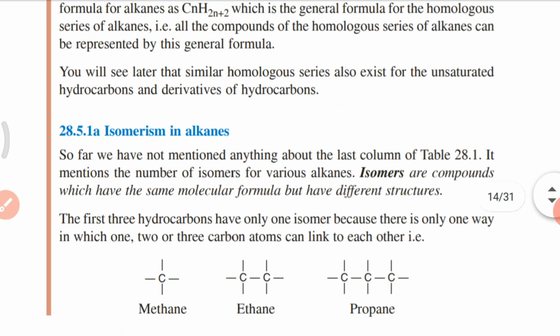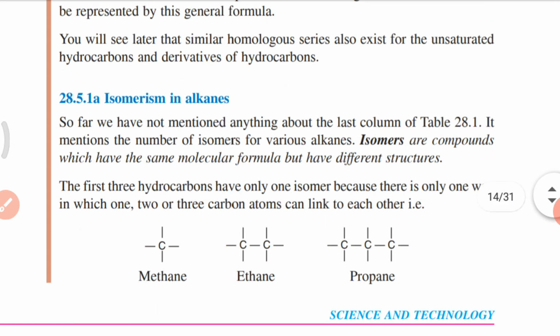Then we are going to our next topic, isomerism in alkanes. What is isomerism? What are isomers? Isomers are compounds which have the same molecular formula but different structures. The structure of the compound is different, but the chemical formula is the same. Those compounds are known as alkane isomers.